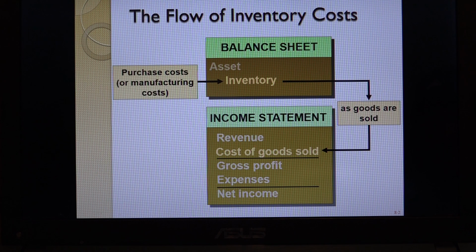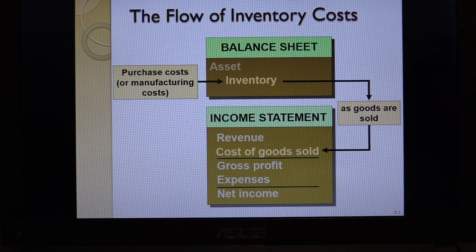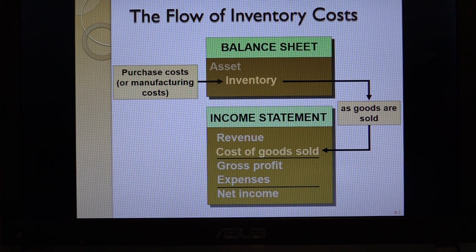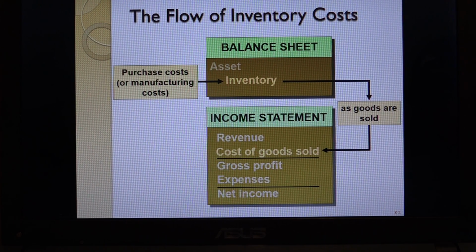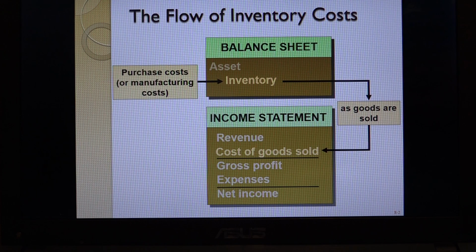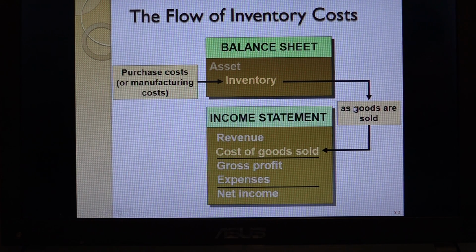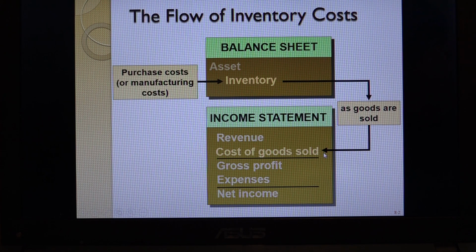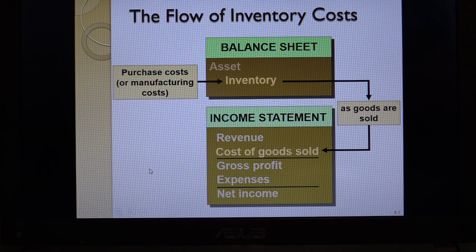So for manufacturers and merchandisers, their income statement accounts for the cost of goods that are sold, the inventory that's sold, and so they list revenue less cost of goods sold equals gross profit, which of course less operating expenses equals net income. So that's what that looks like. But the main thing here is that we capitalize the cost of the inventory, and then we expense as cost of goods sold once that inventory is sold.